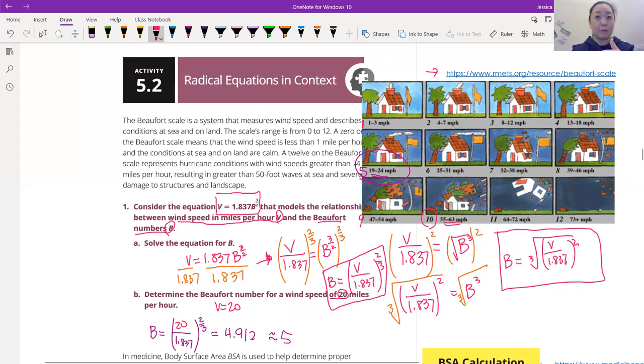Some people suggested multiplying by the reciprocal, which means flipping the fraction to 2/3. So we raise everything to the 2/3 power, and that cancels it out, leaving just B on this side. On the left-hand side, we have V over 1.837 to the 2/3 power. So this is what we would end up with.